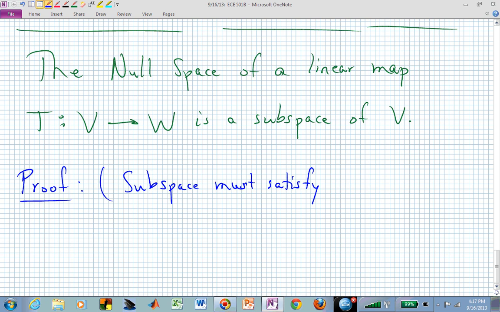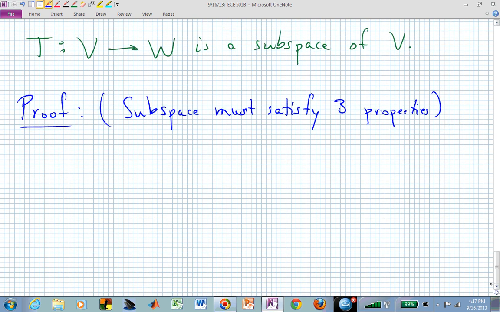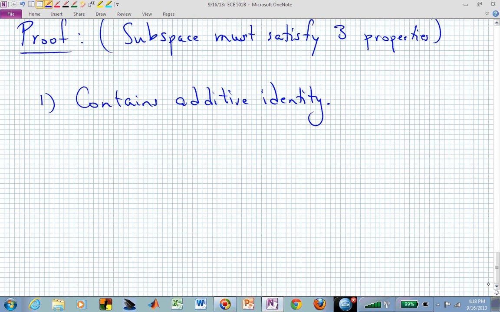So the subspace must satisfy 3 properties. One of those 3 properties is that this subspace needs to contain the additive identity. Let's see if indeed it does.